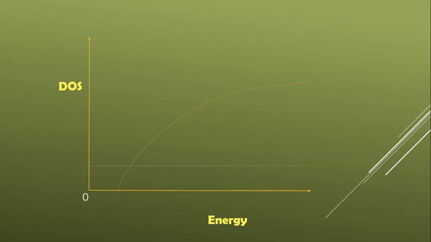Then coming to the quasi two-dimensional system, we have the step function here, due to which the graph of density of states as a function of energy will show a step-like nature, where each step will be at each energy. The step-like jumps in density of states occur at the energies corresponding to the subband energies, and a quasi two-dimensional system is truly two-dimensional when one deals only with one electric subband.